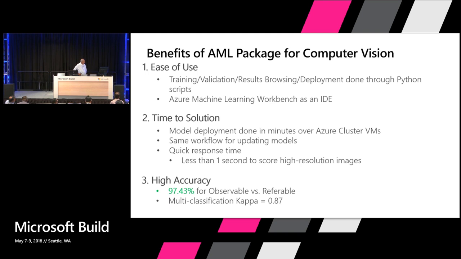The update of a model is done through exactly the same workflow. We have quick response times. It takes less than a second to score a high resolution image, and we got very high accuracy from the CNTK. 97%.